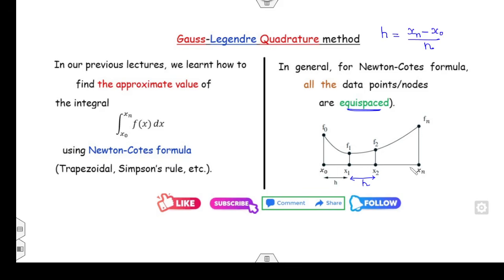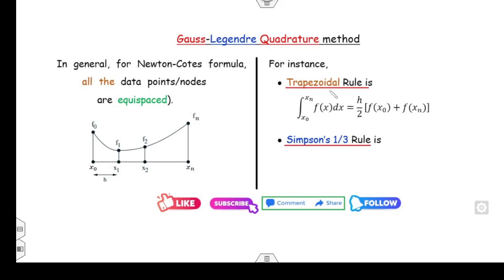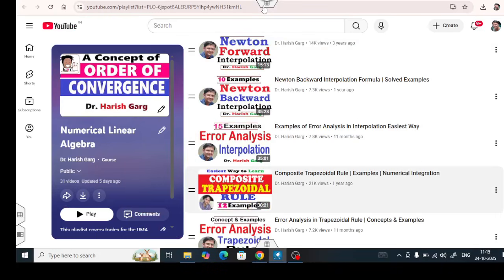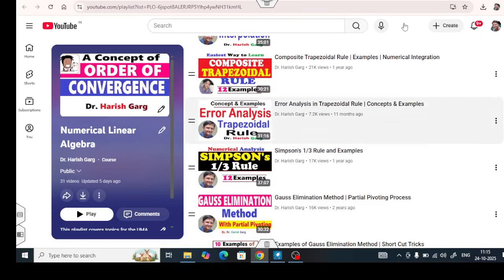the number of intervals. For example, if you are using the trapezoidal rule, then we can define it as h by 2 times the function value at the point x0 plus the function value at the point xn. Similarly, for the Simpson 1/3 rule, we can define it by using this equation. Make sure, students, these are only the trapezoidal and the Simpson rule. But for the formula of the composite trapezoidal rule, you can watch this lecture, composite trapezoidal rule and the composite Simpson 1/3 rule.